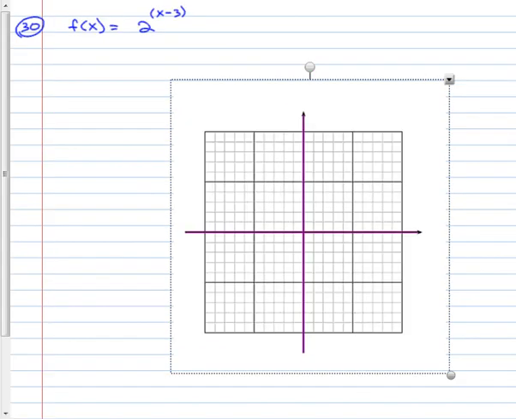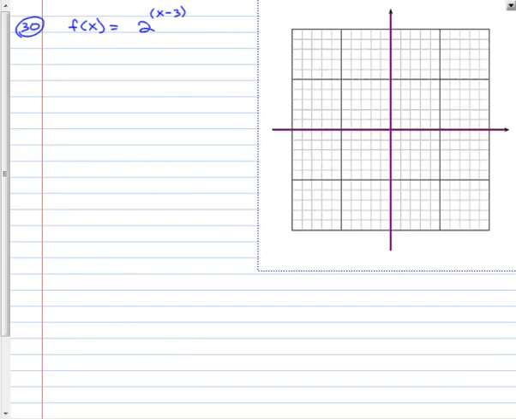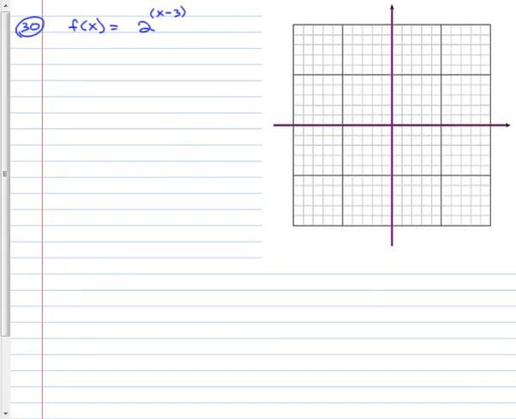That base is 2, I know it's going to be increasing. So again, if it hasn't moved, and this one has moved, if it hasn't moved, it goes through 0, 1, and 1, the base, which is 2, but this one is going to have moved. That minus 3 on the x says it has moved to the right 3.